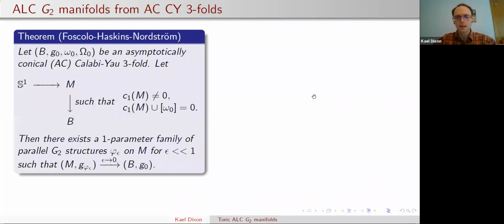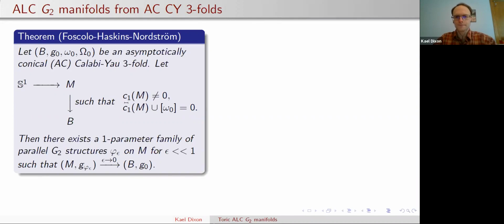Okay, so our story starts with this theorem that was proved early in the collaboration, by Pascal, Haskins, and Nordstrom. They looked at constructing G2 manifolds on circle bundles over Calabi-Yau threefolds, which are asymptotically conical. Such circle bundles are classified by their first Chern class.